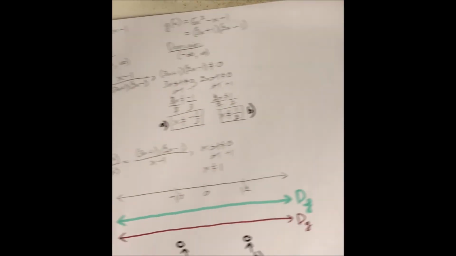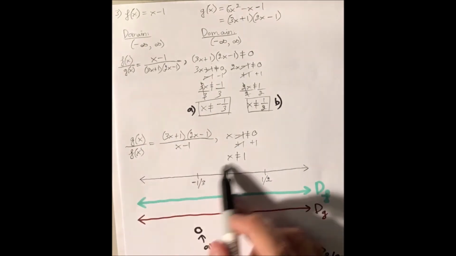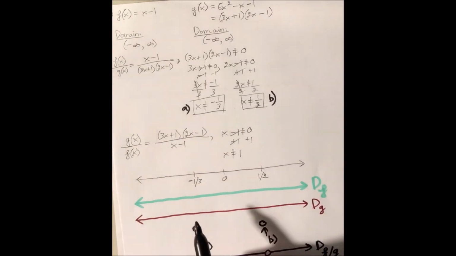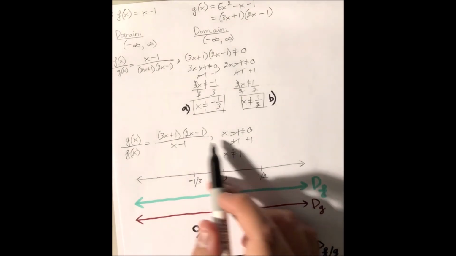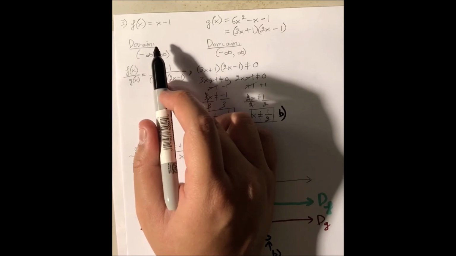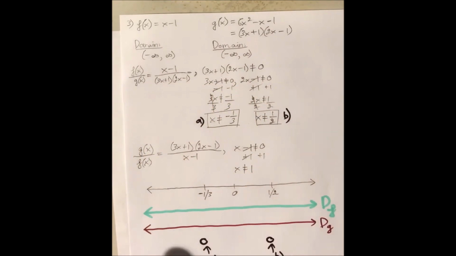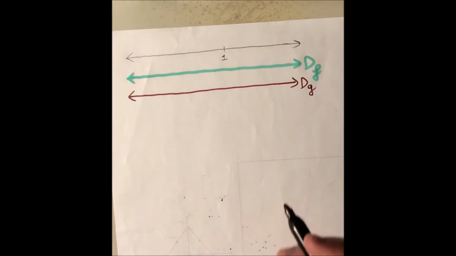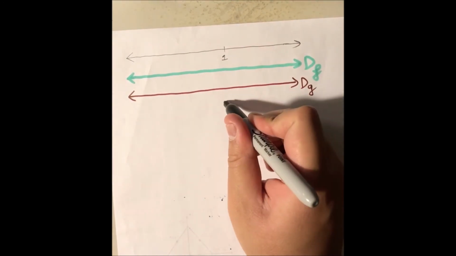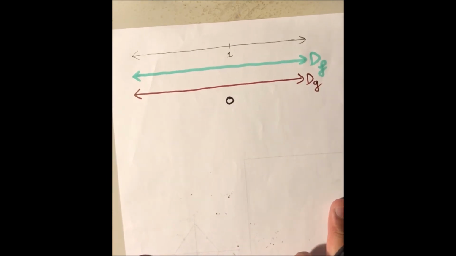As mentioned just now, x cannot be equal to 1 is the only restriction from this simplification process. We don't have any restriction from the domain of function f, and no restriction from the domain of function g. So if we were to graph this, we have an open circle at x equals 1.